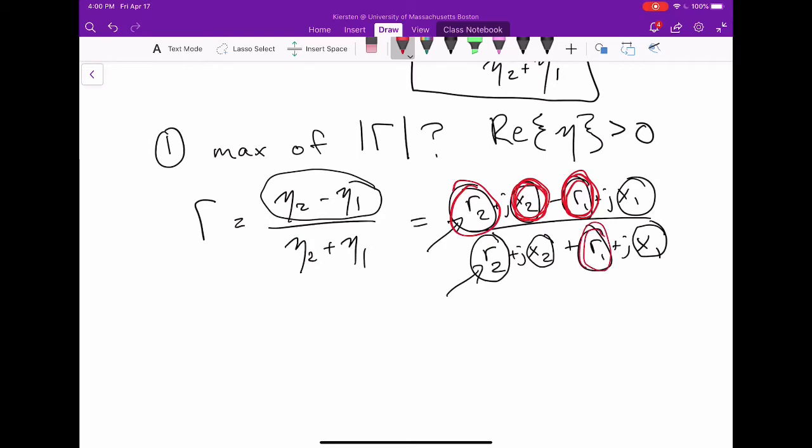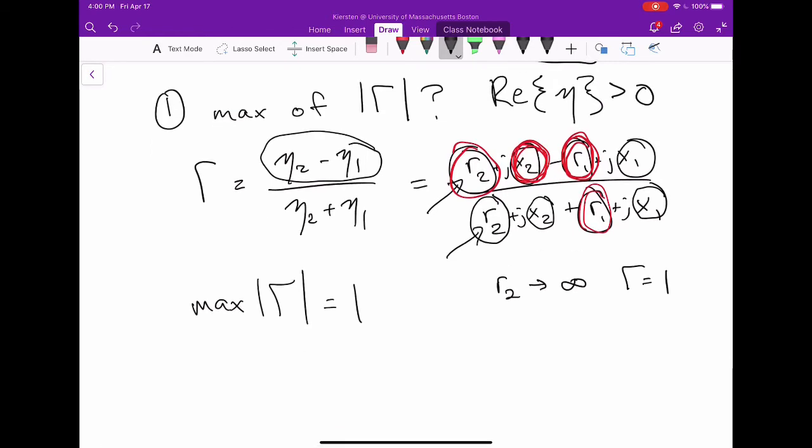If we maximize gamma, the max absolute value of gamma is just 1. So if R2 goes to infinity, we get that gamma equals 1. But there are other ways to get a magnitude of gamma that equals 1.